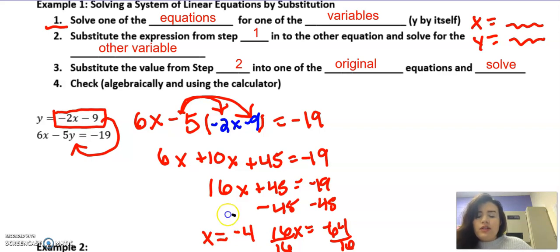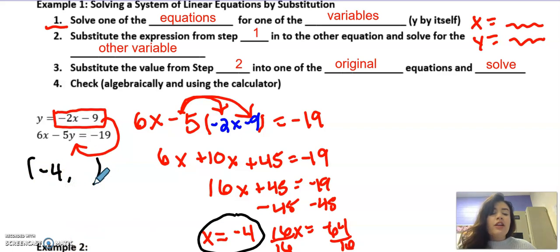Okay, so this is our x value. So this is the x value of the ordered pair. Okay, now we are taking in that x equals negative 4, substituting again into an original equation. Okay, I'm going to pick this top one.